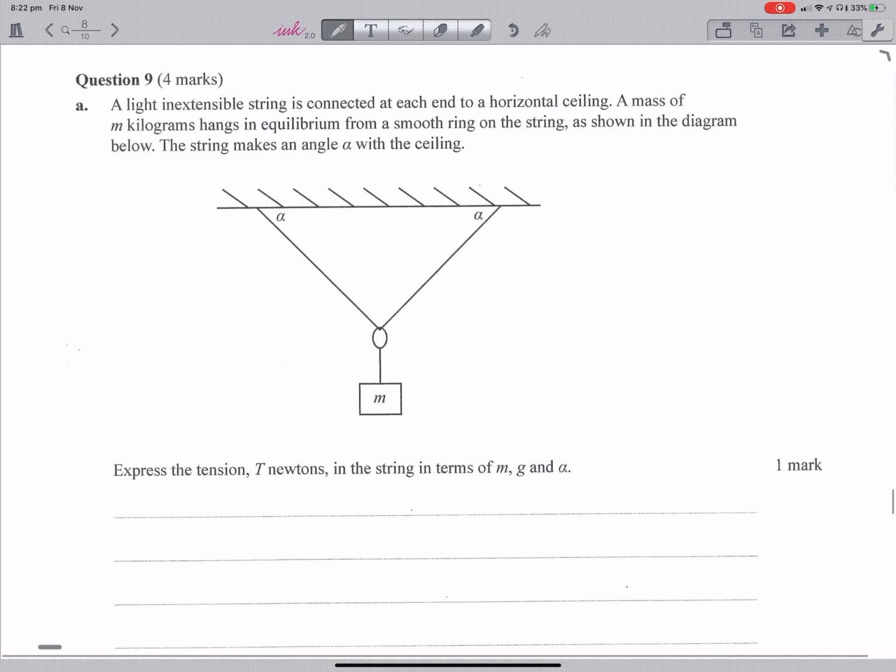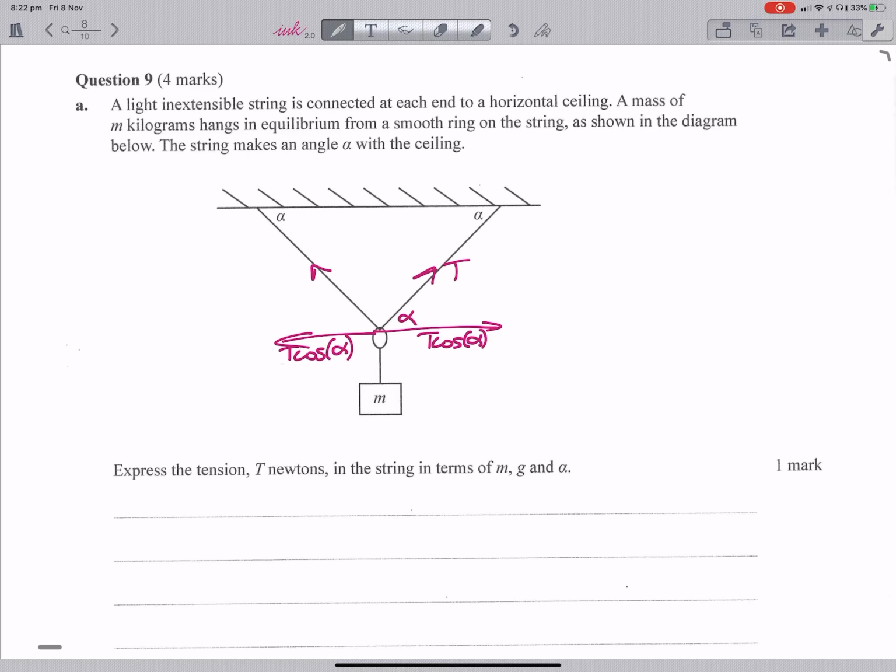Okay. The light extensible string is connected at each end of the horizontal string. A mass of m kilos hangs in equilibrium. Shown in the diagram, the string makes an angle of theta with it. Okay. Express the tension of the string in terms of mg and alpha. So we've got, there's T, there's alpha. So this is T cos alpha. There's T cos alpha.